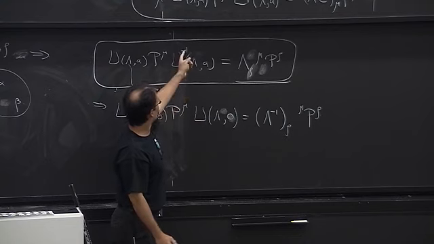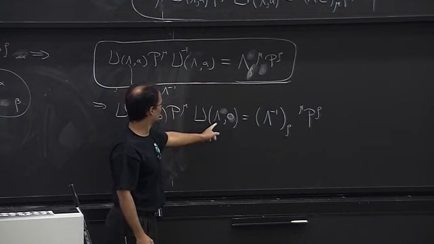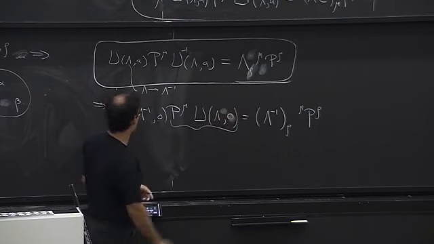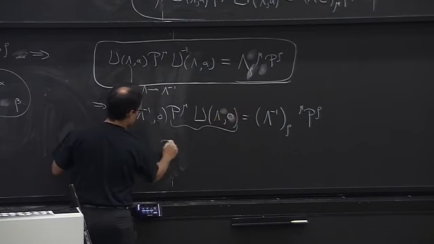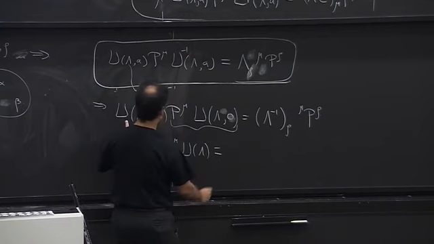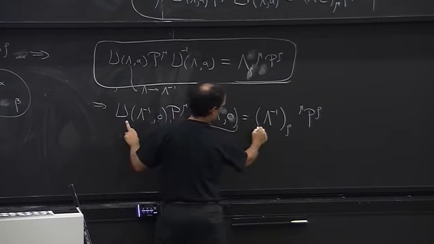So I'm replacing here lambda by lambda inverse. And when I do, I can cancel this inverse, right? So I just get U. And this thing is what we have acting on the operator. So we conclude that this, acting on any operator on our Hilbert space, must be the same as this thing.